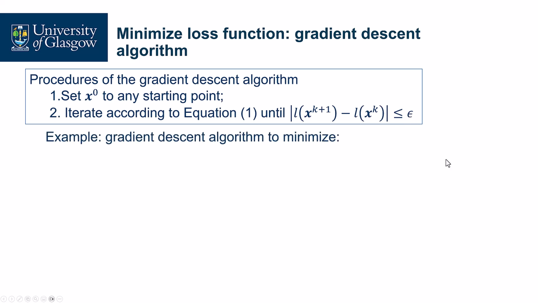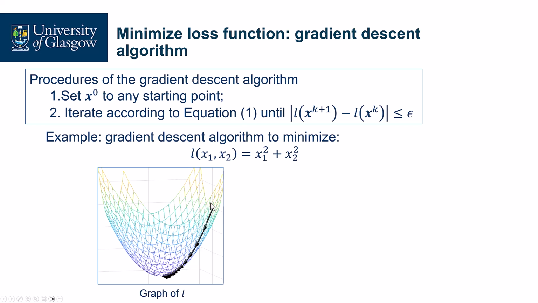For example, we can see the gradient descent algorithm optimizing the function L of x1, x2. We randomly start here, and the gradient provides the direction. This is the step size. Step by step, I arrive at the optimal point here.